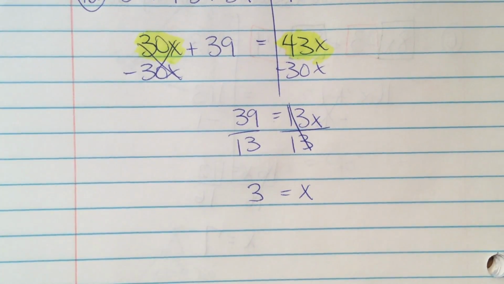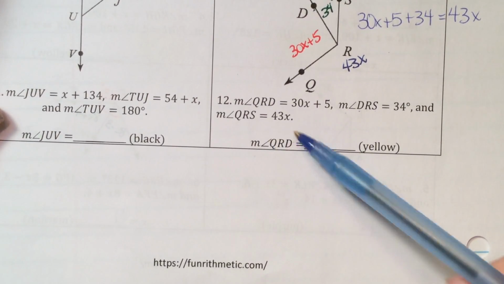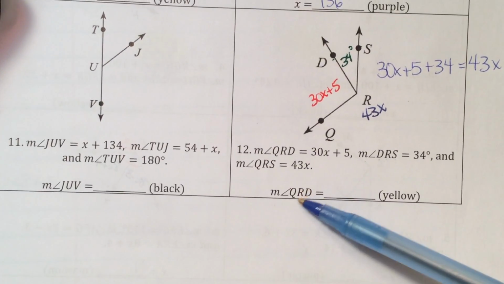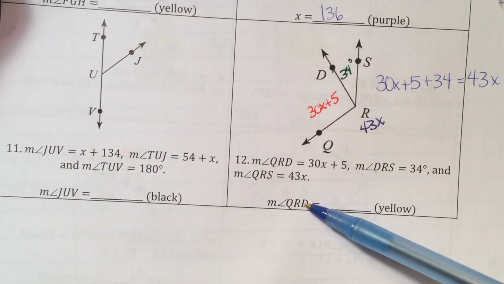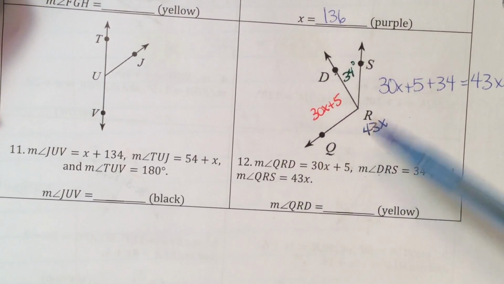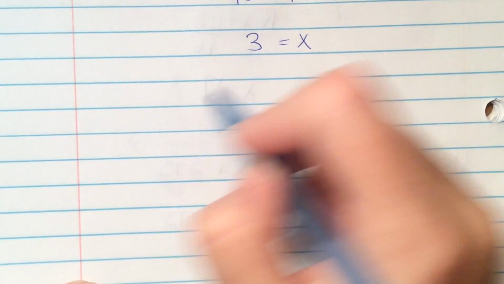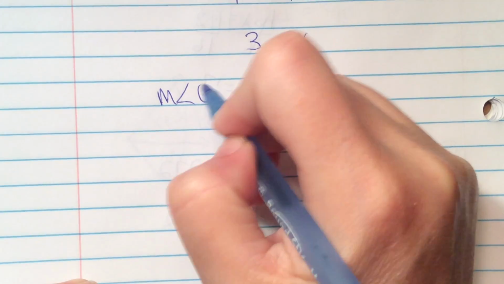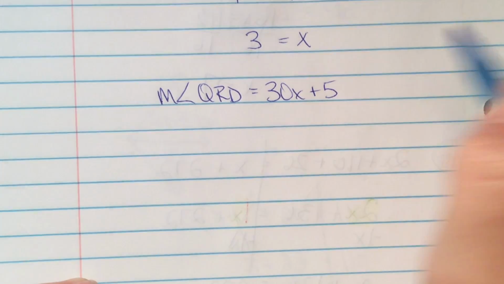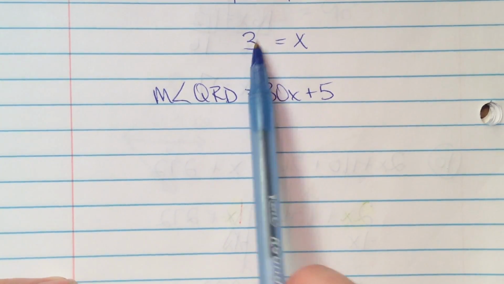But you'll notice that it doesn't ask me what x is. It asks me for a measure. In fact, it asks me for the measure of angle QRD. Well, QRD was 30x plus 5. So let's write that. The measure of angle QRD was 30x plus 5. Well, I already know what x is. X is 3.